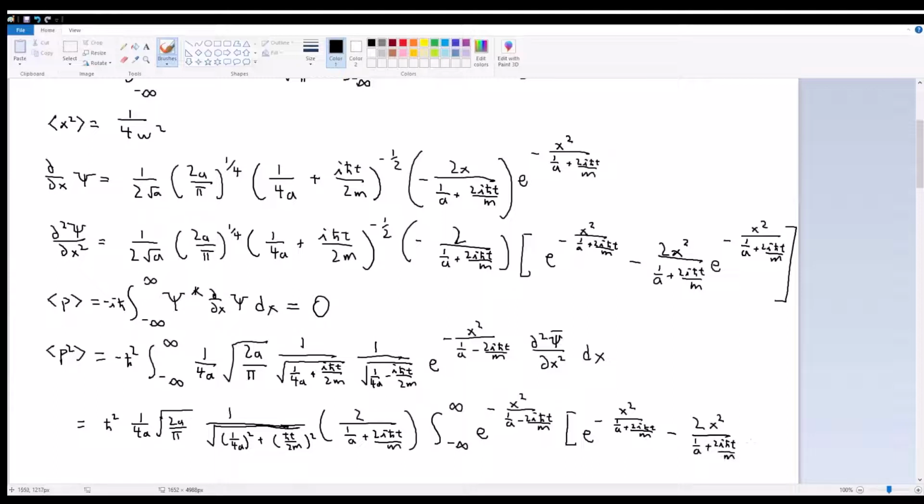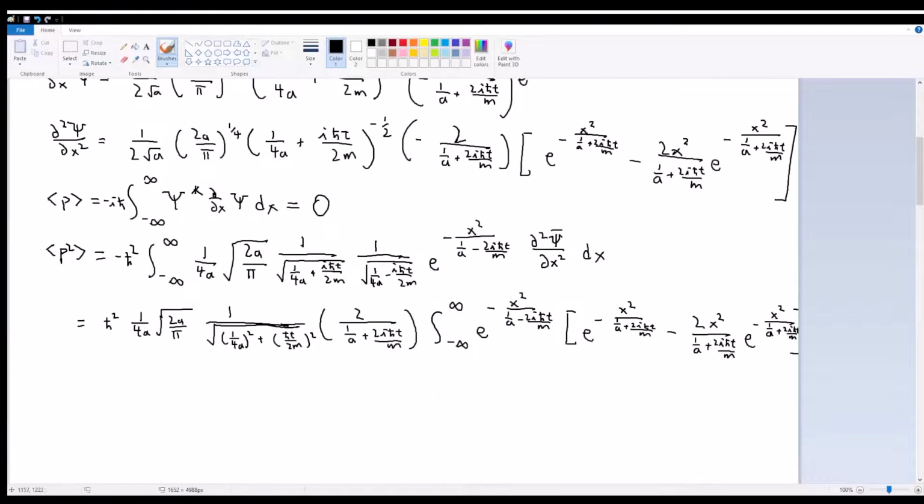I'm running out of space. e to the negative x squared 1 over a plus 2i h bar t over m. And I'm just going to do my best.